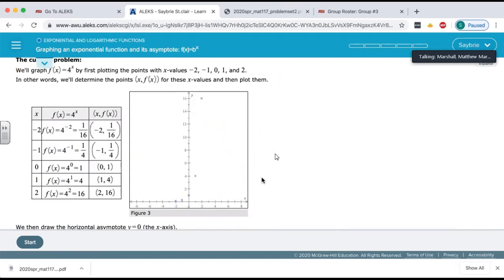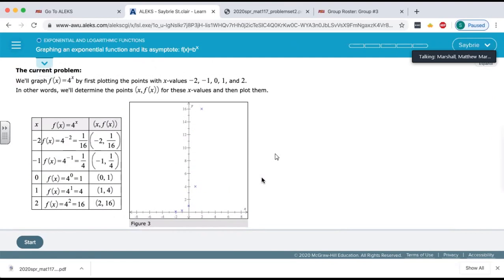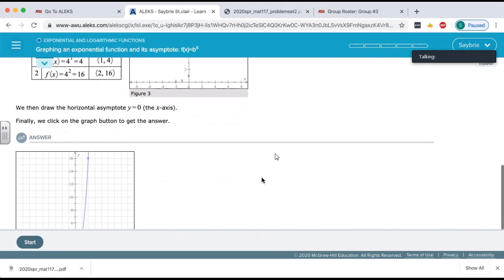All right, now for the real problem here, you're plugging in -2, plugging in -1, you're plugging in 0, you're plugging in 1, you're plugging in 2. Okay, I mean, you're just plugging in those values, kind of like a table. Next, draw the horizontal asymptote.